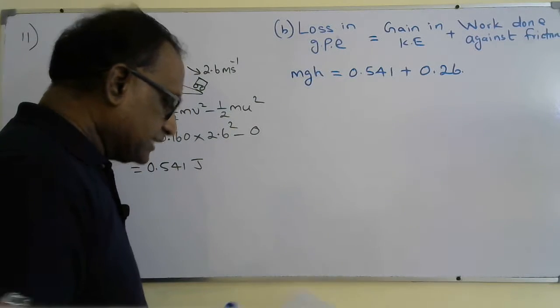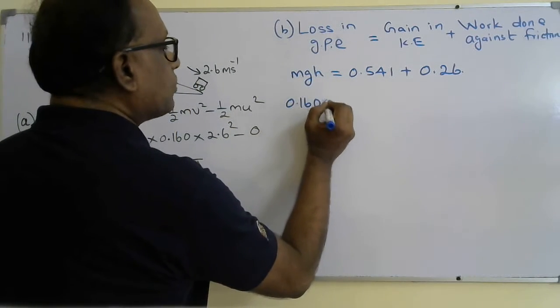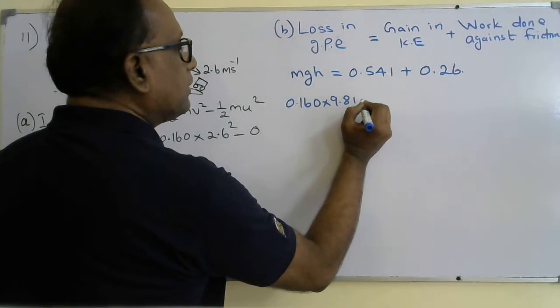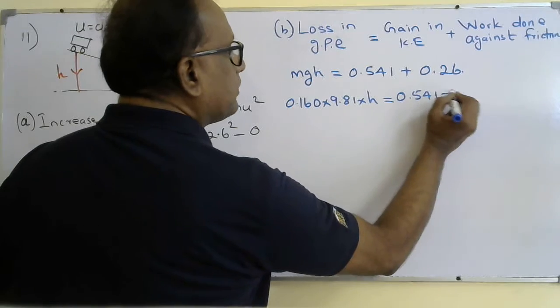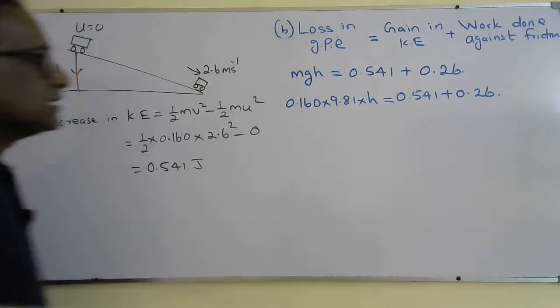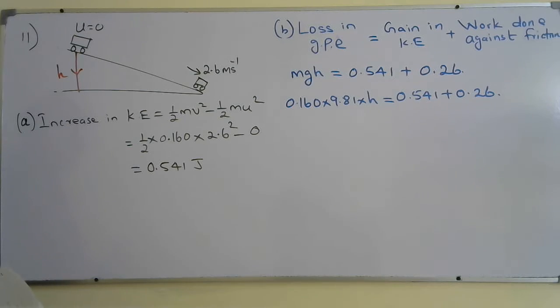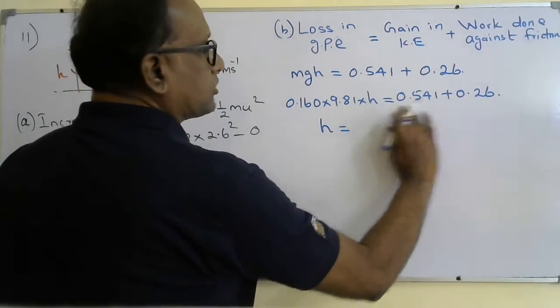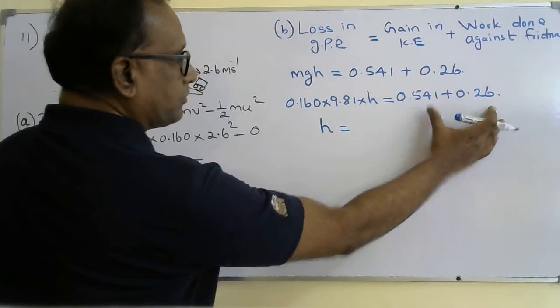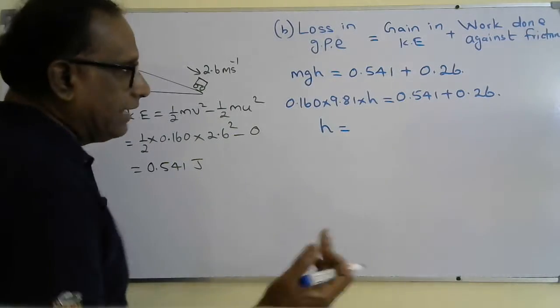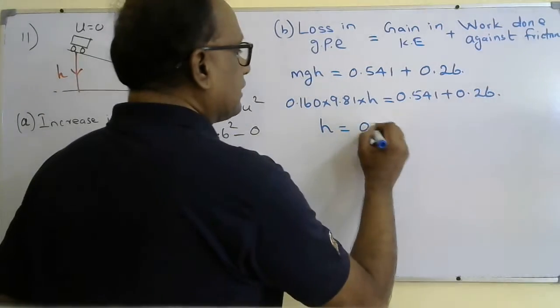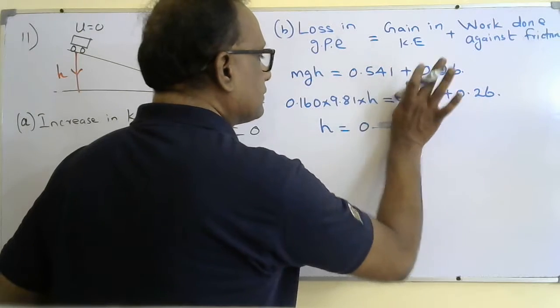Mass we know that, which is 0.160 into 9.81 into h equal to 0.541 plus 0.26. Okay, so solve it and find the h. You know how to solve it. Add these two quantities, that quantity should be divided by this multiplication. And when you find h, you will get 0.51 meters.